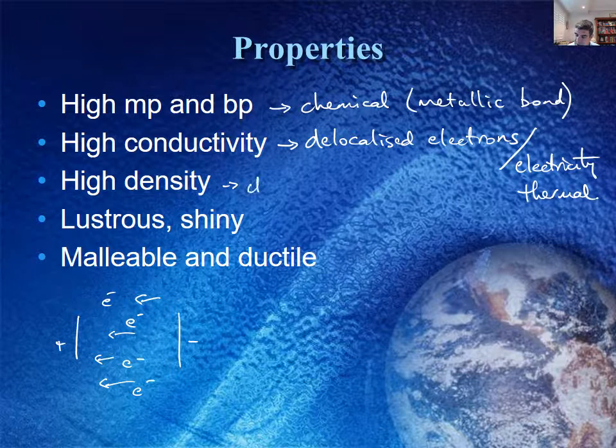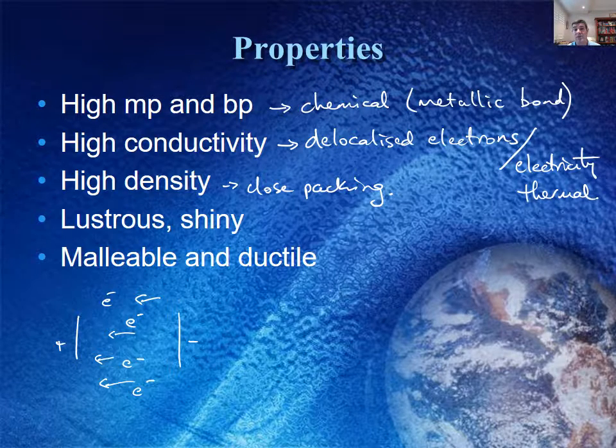The high density is a result of close packing, and the metallic ions can be very close to one another because of that sea of electrons that is holding them together and keeping the integrity of the structure.